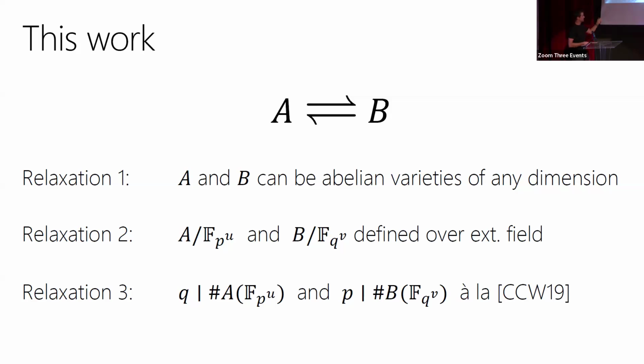And the third relaxation was the one we talked about on the previous slide, that we only need divisibility now. We don't need the characteristics to be equal to each other's group orders. All of these relaxations put together allowed us to really take off the shackles of the Hasse interval and go looking for these things in high dimensions.